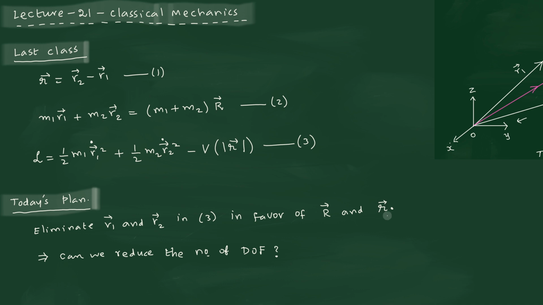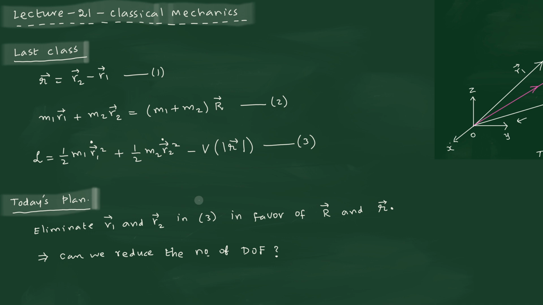That is the plan. Later, after completing the elimination, we are going to ask what happened to the number of degrees of freedom. That is the discussion we are going to do in today's class.